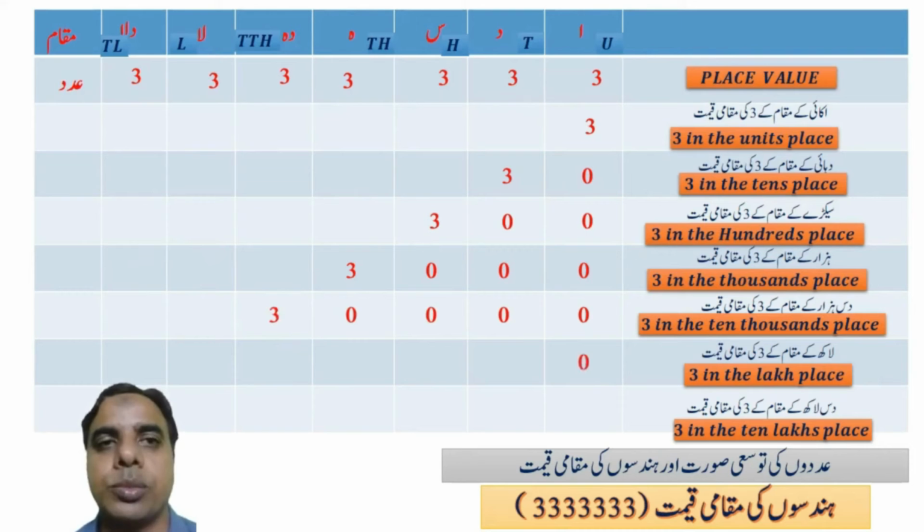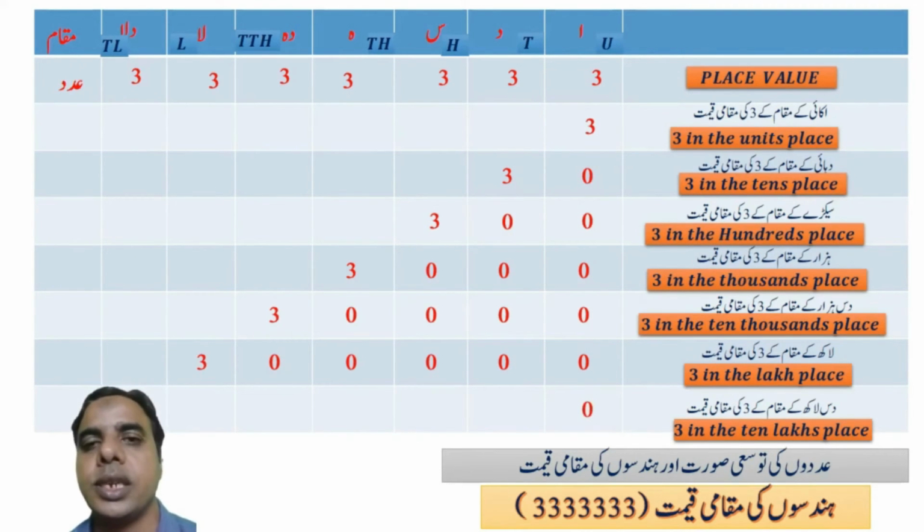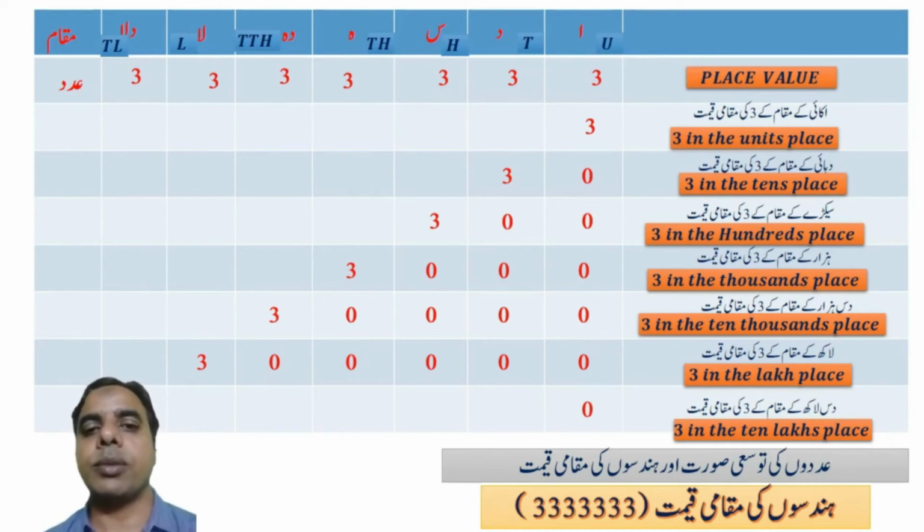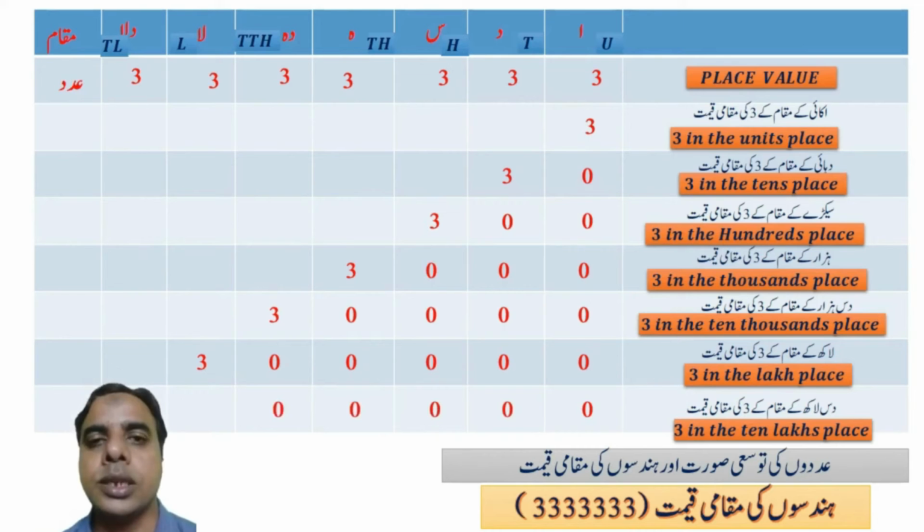Okay, so here is a question. Here's the point: the expanded form of numbers and place value of the digit. Place value of the digit. Okay, we have to find the place value of a number here. Now on the screen you can see how it is given: units, tens, hundreds, 10,000, lakhs, 10 lakhs. Okay, these are the place values given there.